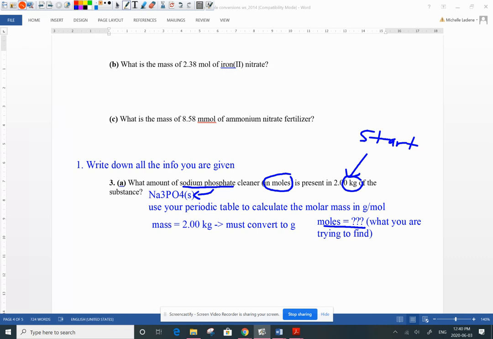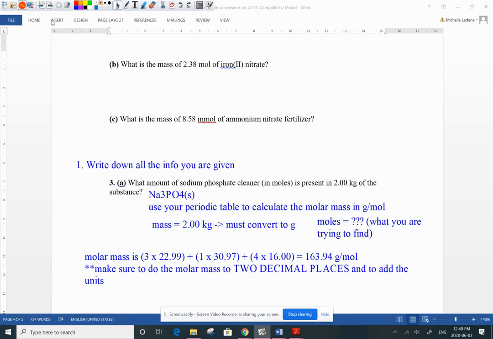And so we write down the formula for that, and then we're going to use our periodic table to find the molar mass of that. And then we have 3 sig digs in our 2.00 kilograms. We're going to convert that to grams. And then the thing that we're trying to find here, the whole point of this question, is to convert and find moles. Okay, so let's do this.